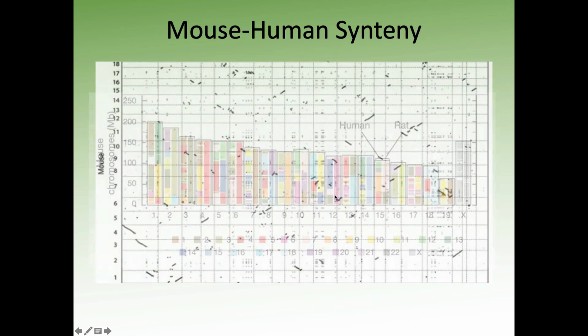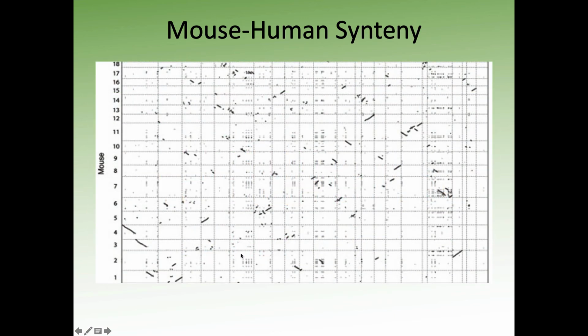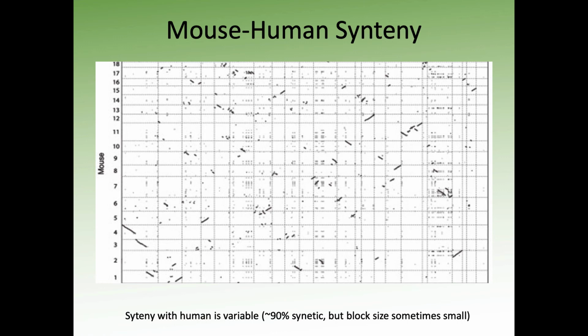So if we look at actually a dot plot of it, what you see is something that's very indicative of that, where you see some large sections for each of these chromosomes, but then you see a lot of smaller stuff broken up, right? And so what this basically means, if we think of things from a syntenic perspective, is that things are co-located in the same places in the genome.